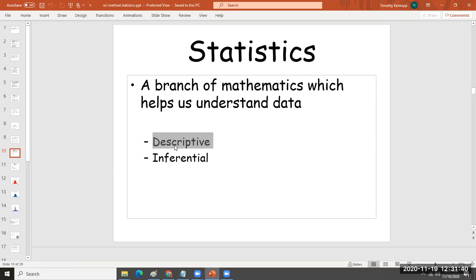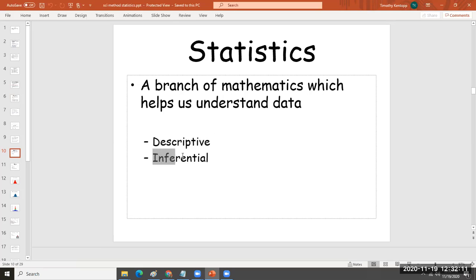So descriptive is when you're working with numbers. Inferential has more to do with probability. The simplest way to understand this: descriptive has to do with quantitative analysis and quantitative pattern recognition. Things like mean, mode, min, max, average, standard deviation, all that kind of stuff.